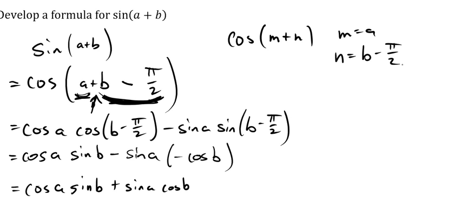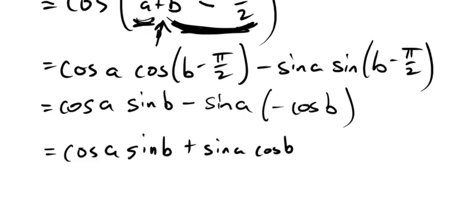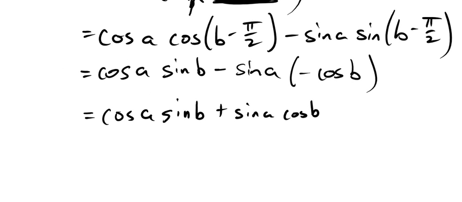Nothing wrong with that. So you could do the same thing for sine of A minus B. You could derive it the same way, and it would be more or less the same steps. Just the substitutions would be slightly different.